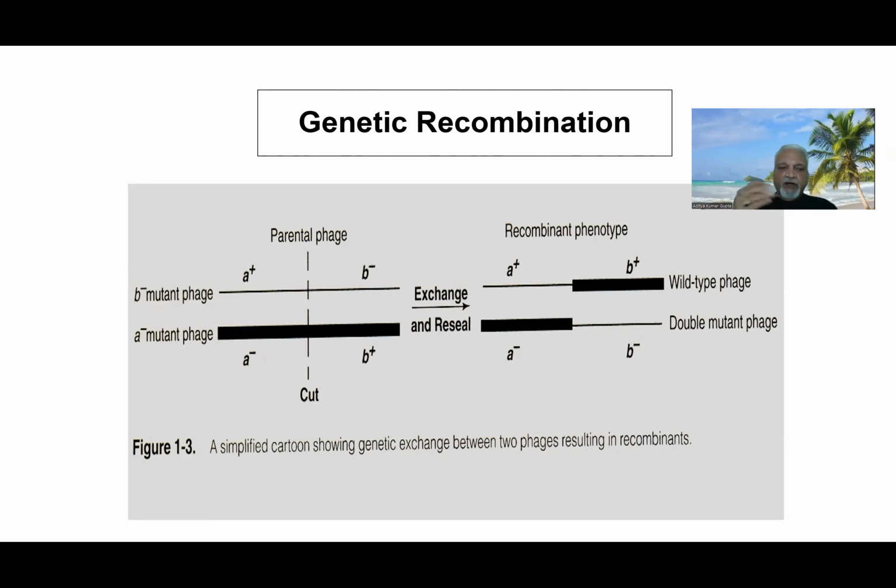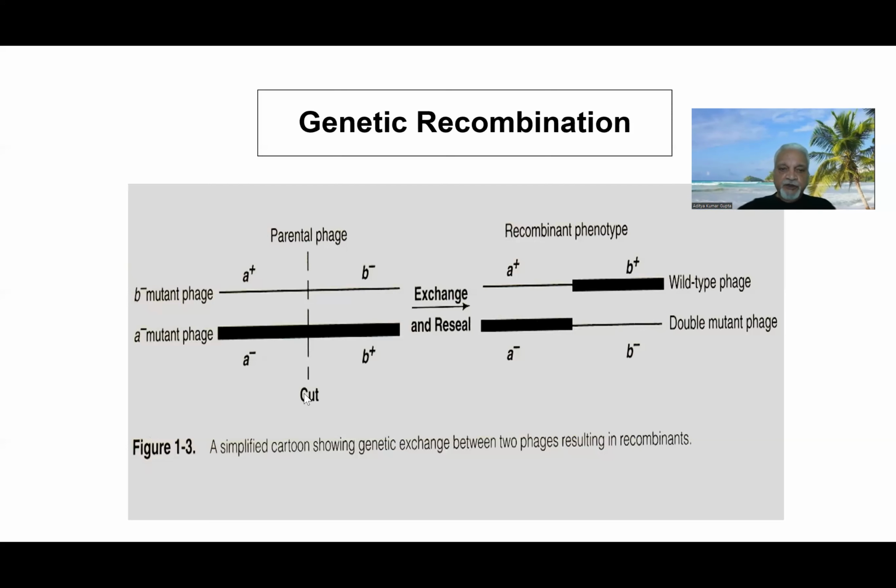So one parent is A plus and B minus. It means it shows the A trait and doesn't show the B trait. And the other phage is A minus and B plus. That is, it is defective in the A trait and it is normal for the B trait.